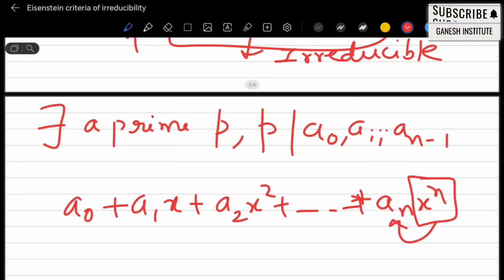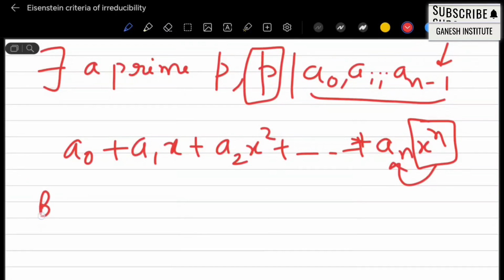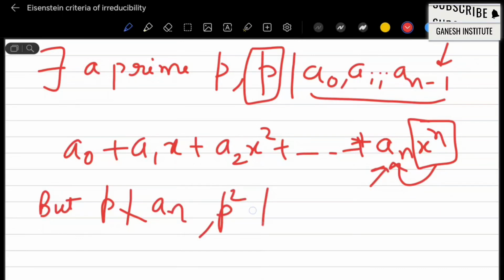So except an, this p should divide all of these coefficients up to a(n minus 1), but p should not divide an, that is the last coefficient. Also p squared should not divide a0, that is the constant term.